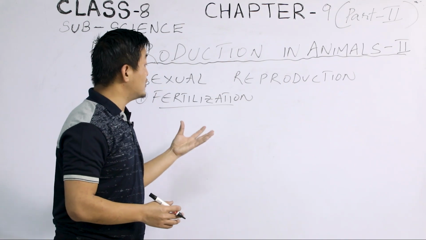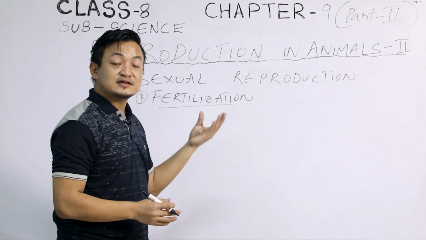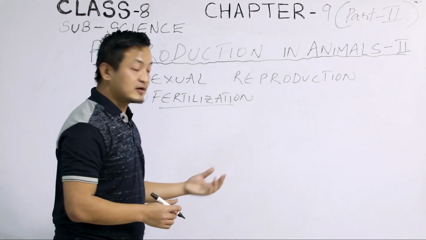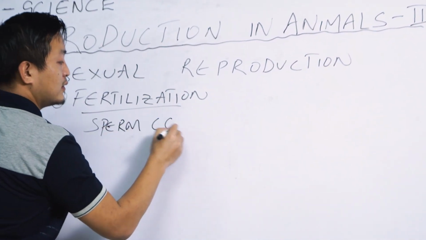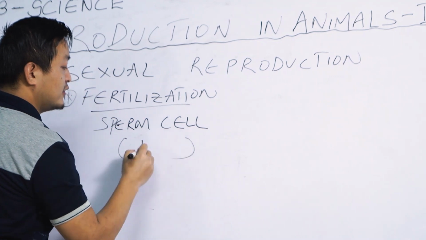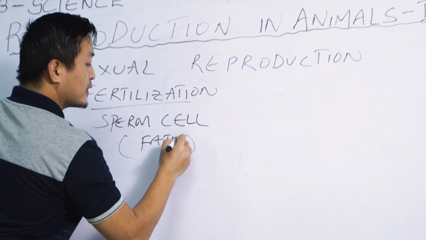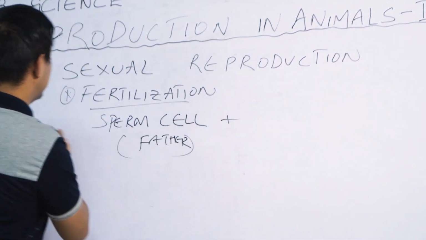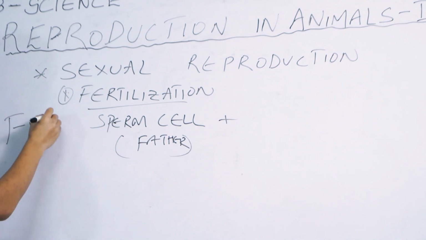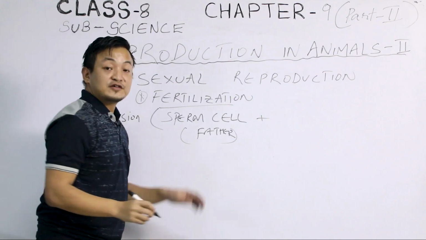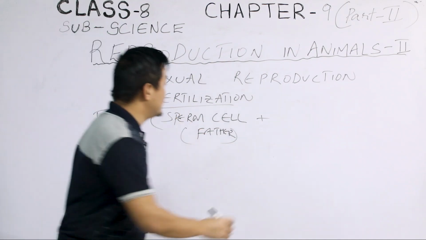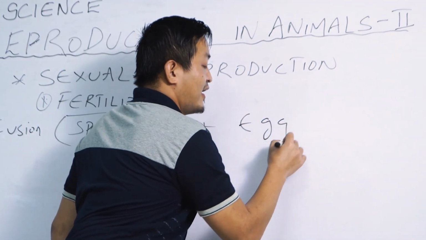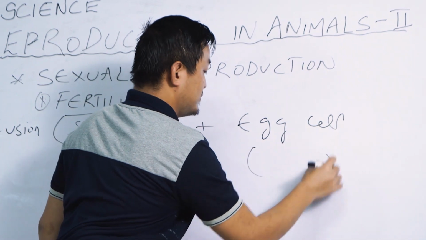There is a fusion of the male gamete, that is the sperm cell from the father, and the egg cell from the mother.